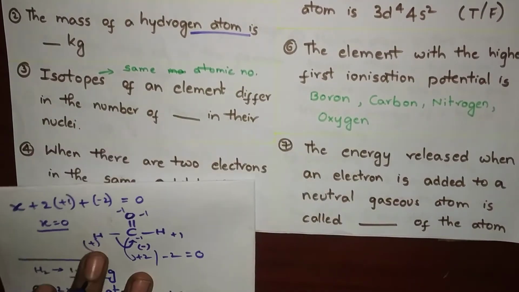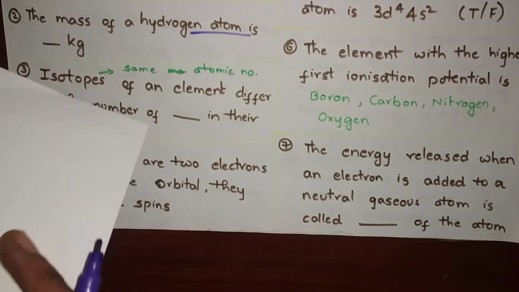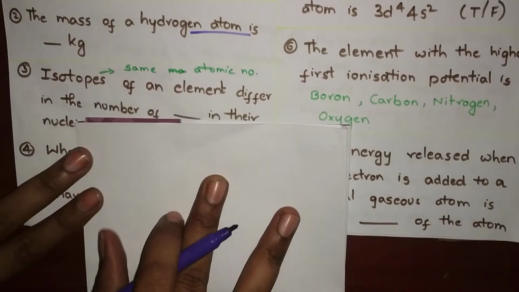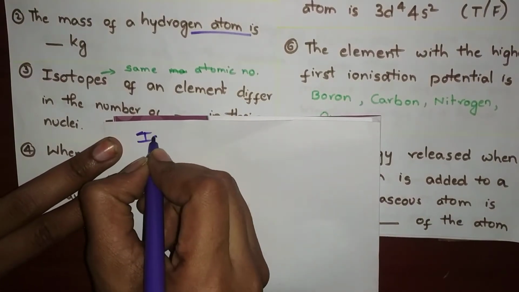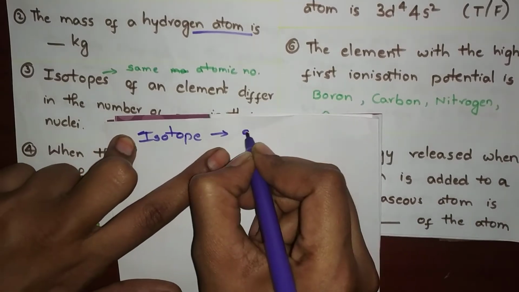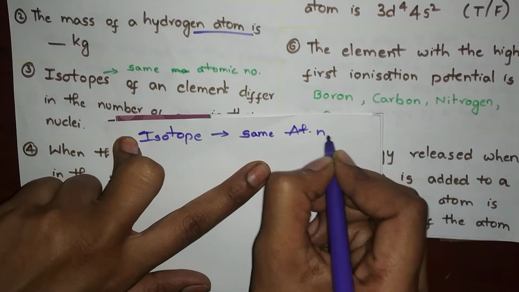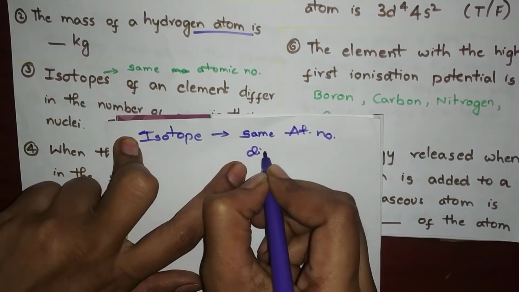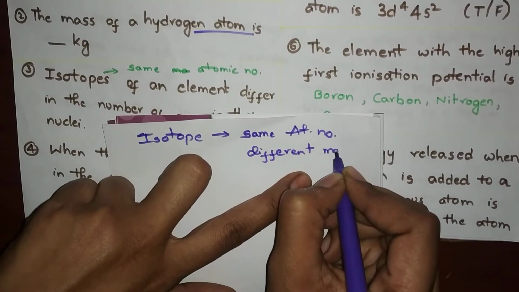Isotopes of an element differ in. Okay. Isotopes means isotope is having same atomic number, different mass number. Okay.